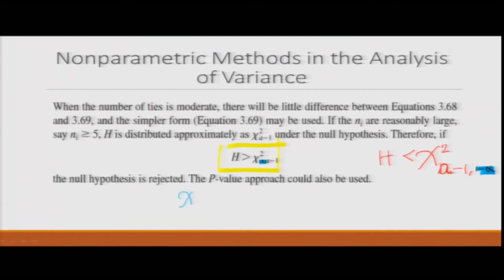I am using the blue color. So, in order to make the differentiation, chi square a minus 1, 1 minus alpha by 2, H less than chi square a minus 1, alpha by 2.